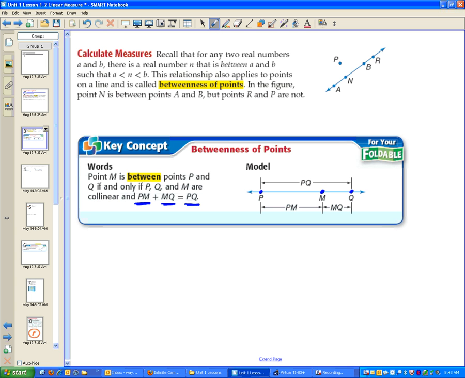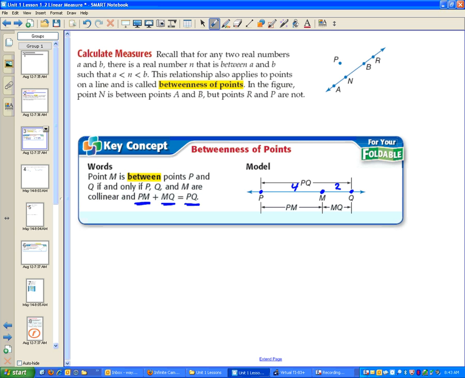And think about it. It's got to work that way, doesn't it? So if M really is between P and Q, if the length of PM were, let's say, 4, whatever the unit is, and the length of MQ was 2, they really are all collinear, doesn't that mean the length of PQ has to be 6?